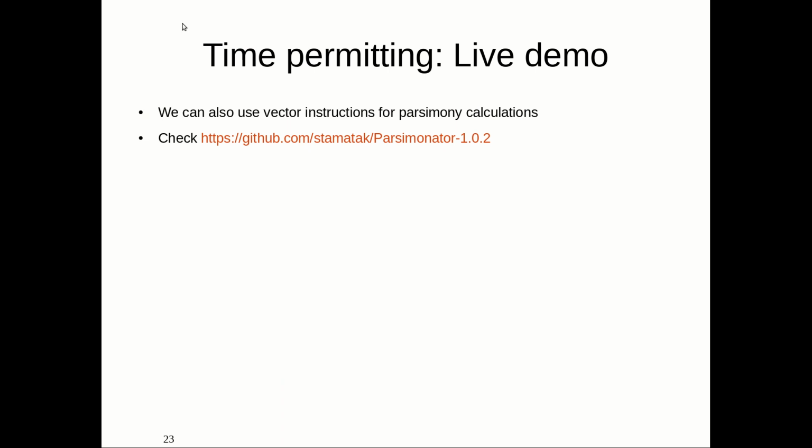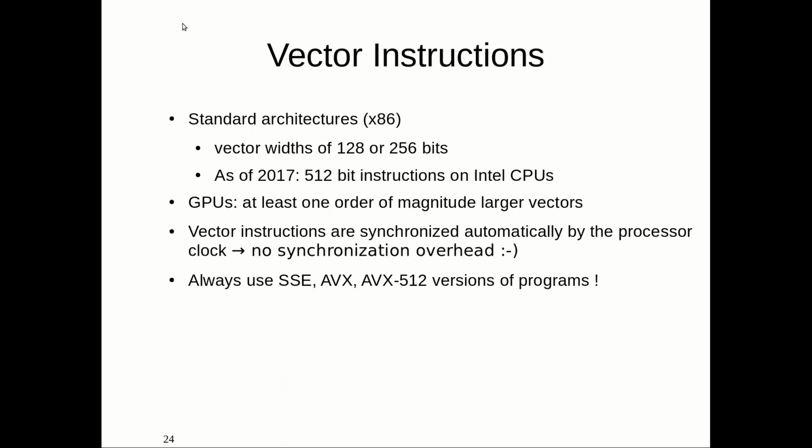So we did a little demo. Okay, so let's get back to vector instructions. Vector instructions are available on standard CPU architectures, so standard x86, Intel or AMD CPUs. Typically we have vector widths of 128 or 256 bits, so this is SSE3 and this is AVX.